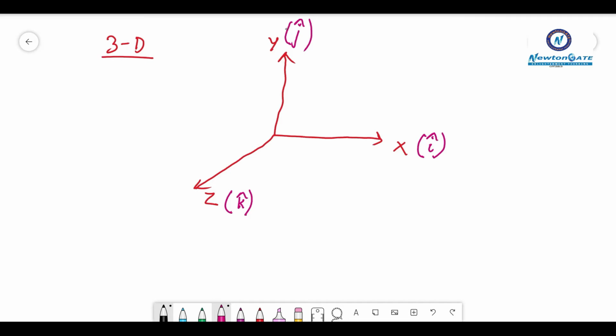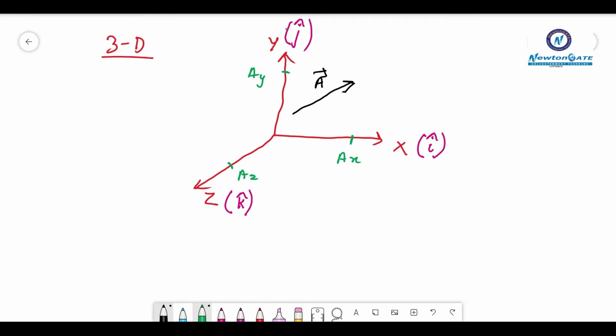Now let me draw a vector. Let's say I have a vector of this form. When we did the 2D coordinate system, that is just x and y, we wrote A as ax i cap plus ay j cap, right? Basically, this is the distance ax, this is the distance ay, and now we have a new axis, the z-axis. Towards the z-axis it will also cover some distance, which we name az.